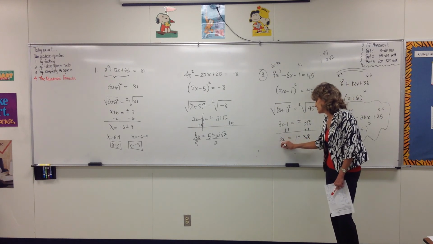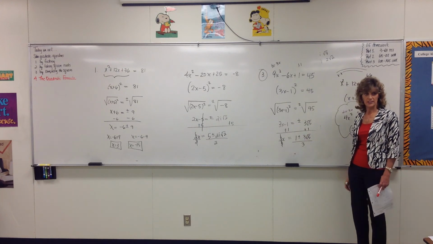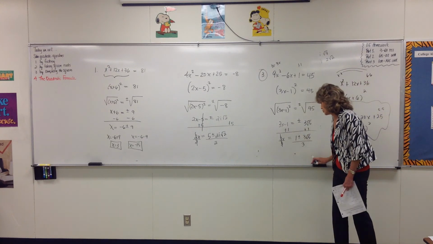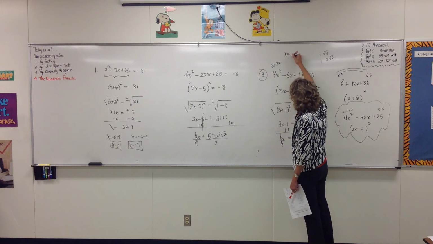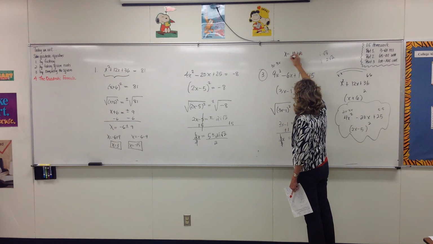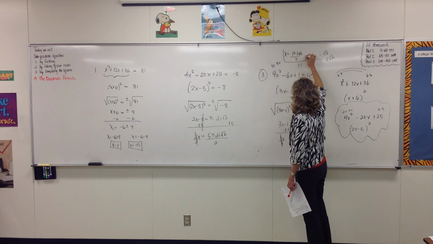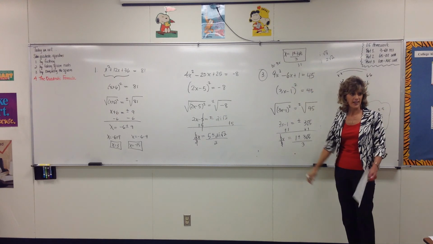And if we divide both sides by 3, can't cancel those 3's because they're terms. There's where we land. So the solution to this equation is irrational. 1 plus or minus 3 square roots of 5 all over 3. You plug in that ugly value for x, it makes this equation equal 45.